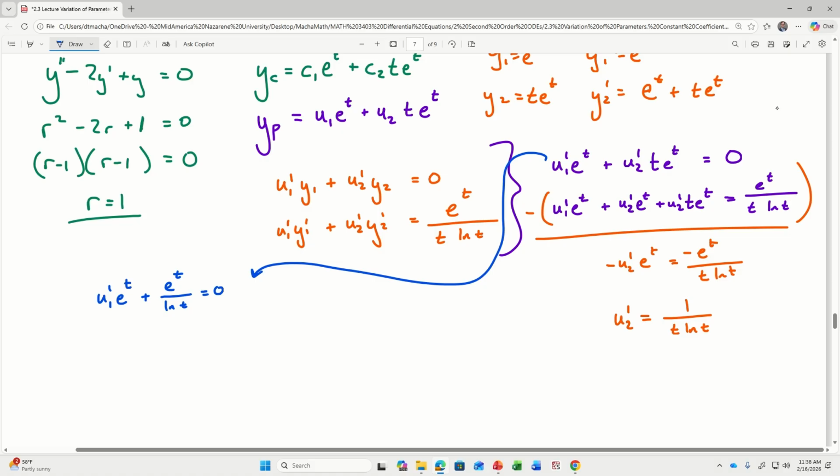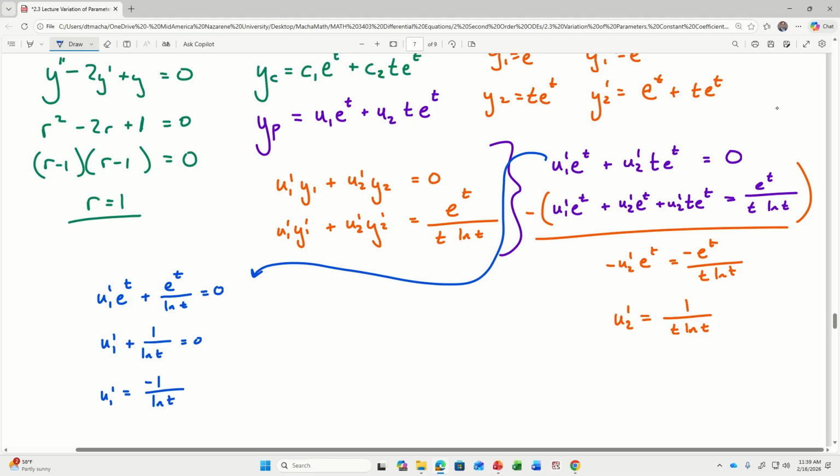Yep, e to the t is never 0, so I can divide by e to the t, and I don't have to worry about dividing by 0. And that makes u1 prime plus 1 over natural log t equals 0, which makes u1 prime equal to 1 divided by natural log t. Negative. Ooh, almost missed a minus.